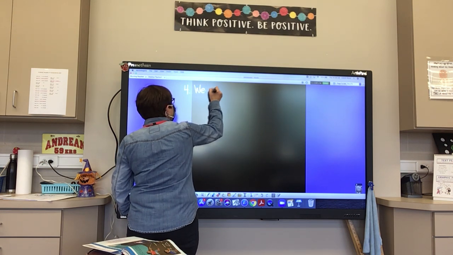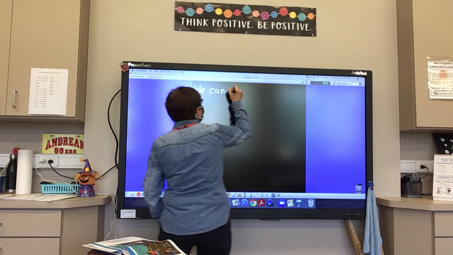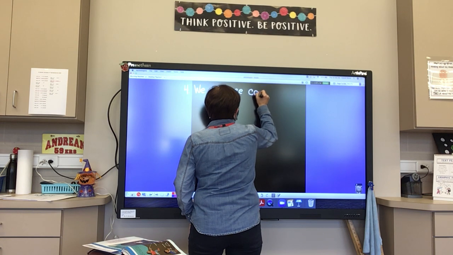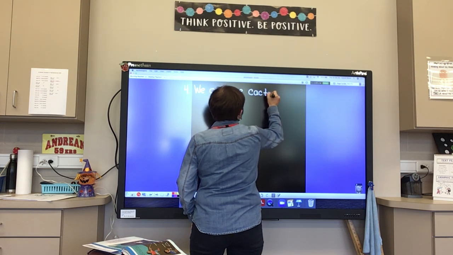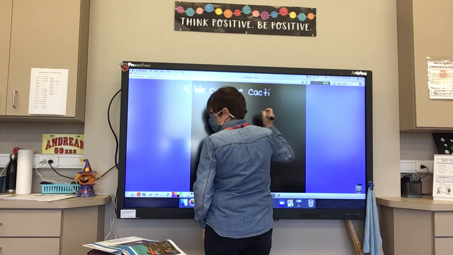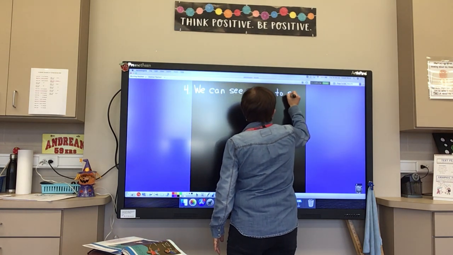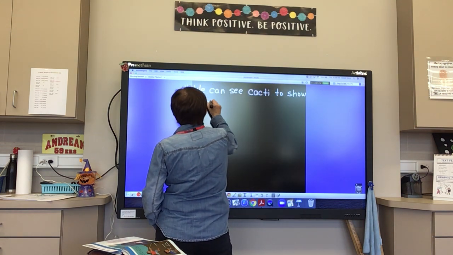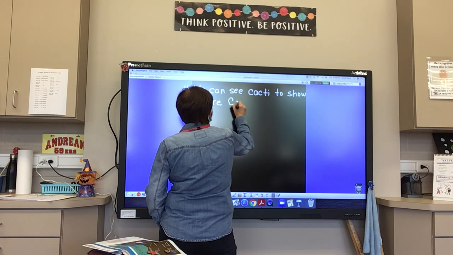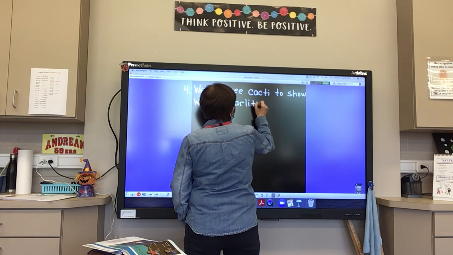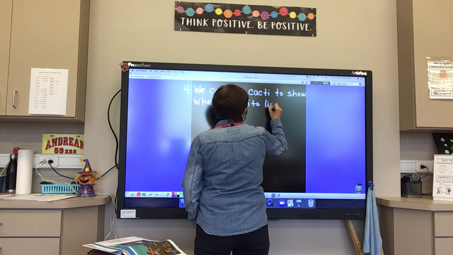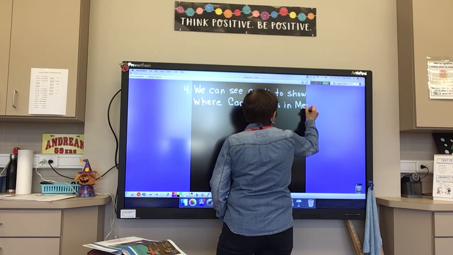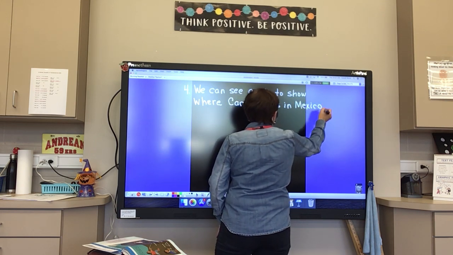We can see cactus, or cacti, I guess, to show where Carlito lives. He lives in Mexico.